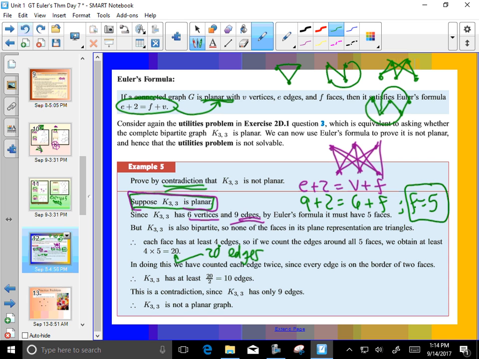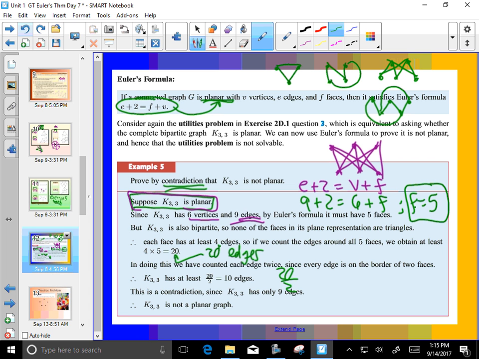Now with K33, in doing this, we counted the edges on the boundary of the faces, and when we counted all of those faces, the faces overlap. So the total number of edges should be that number, 20, divided by 2, because it's like degrees.